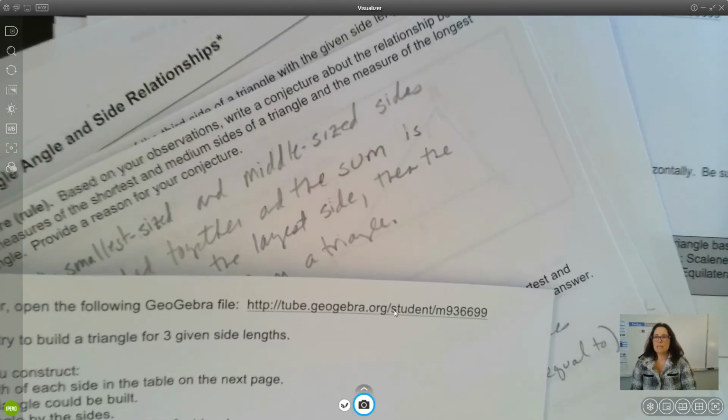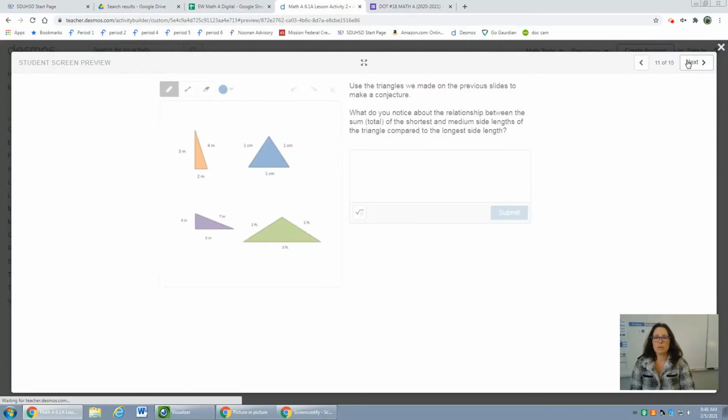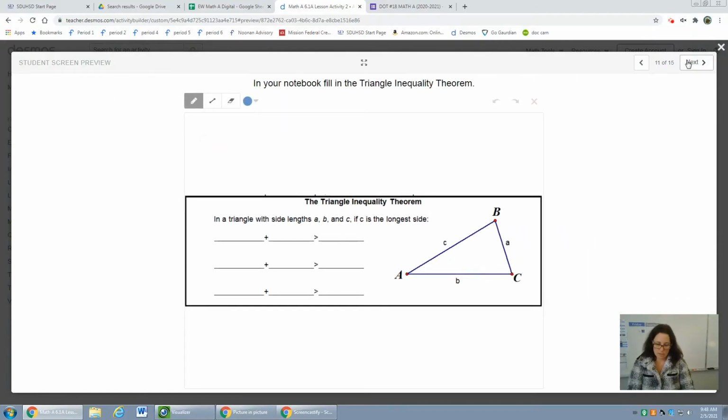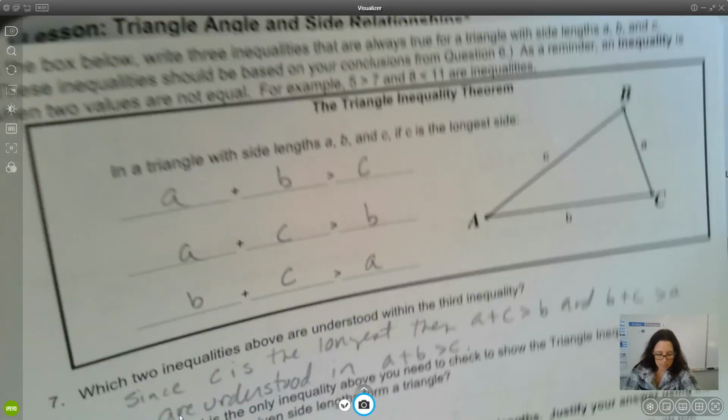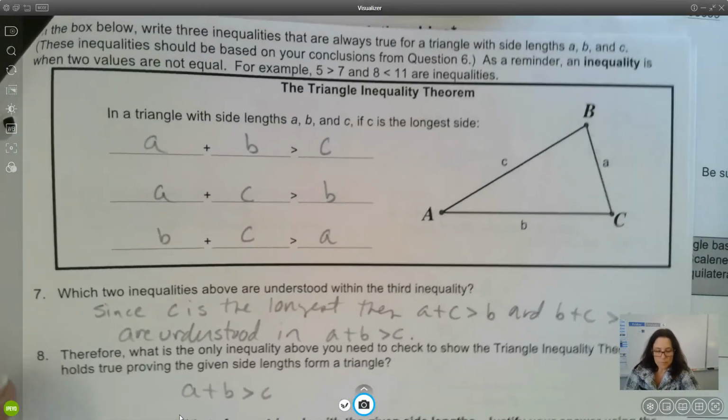Okay, let me get back to my Desmos slides here. I think we're just walking through the notes now. This is on your notes here. So turn a page.